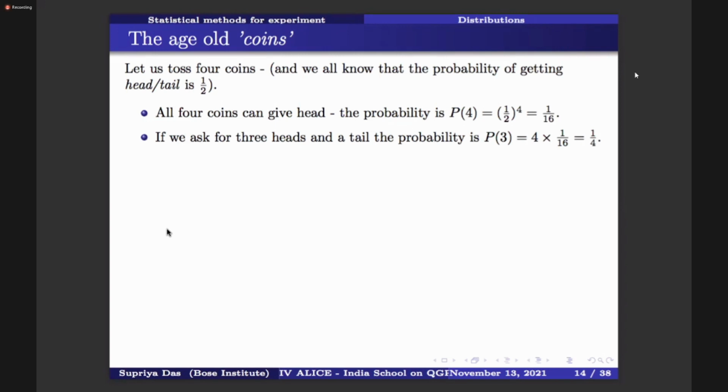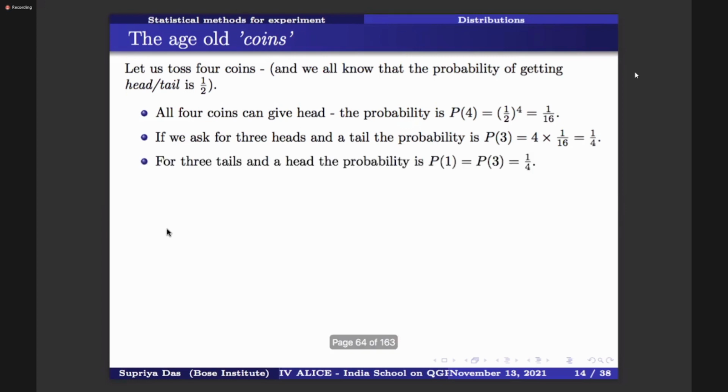But then you can have 4 types of arrangements which can give you 3 heads and a tail, because you can have head, head, head, tail, or you can have head, head, tail, head, or you can have head, tail, head, head, like this. You can have 4 combinations. So if you take these 4 combinations, and for each one you get a probability of 1/16, then you get the total probability 1/4. You can have other possibilities too.